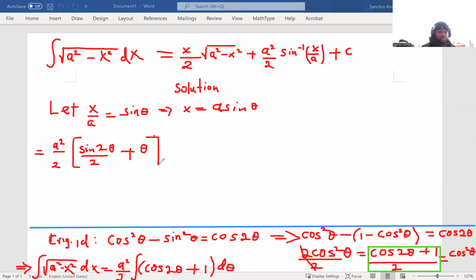Okay. So what does it mean? Plus C anyway. Plus C. So now this is sine 2 theta.